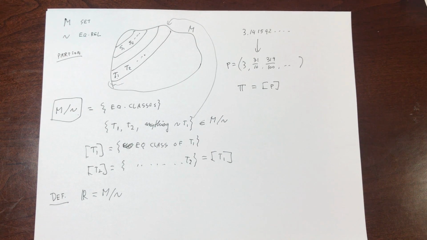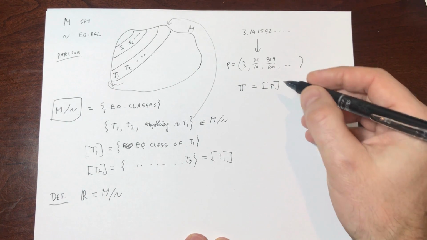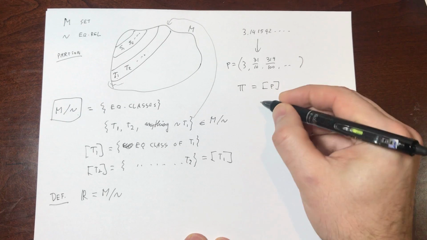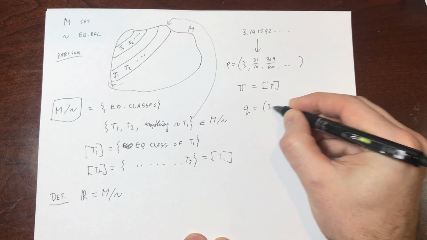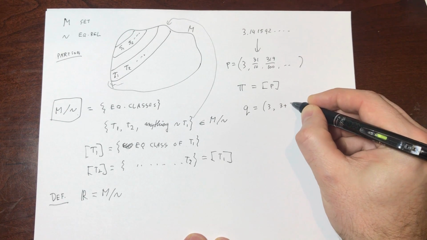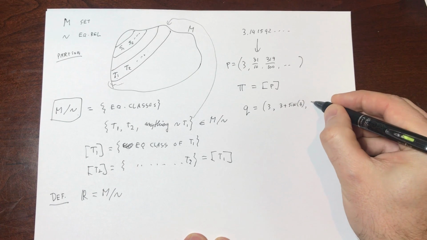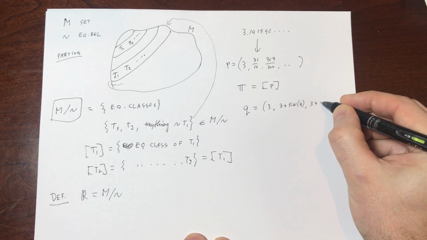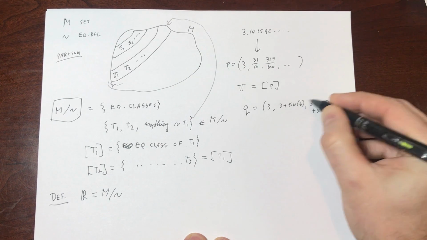But you might say, but there are different sequences that also converge to pi. So let's say I have a different sequence, sequence Q. I'm going to take 3, and then 3 plus sine of 3, and then 3 plus sine 3 plus sine of this last thing.